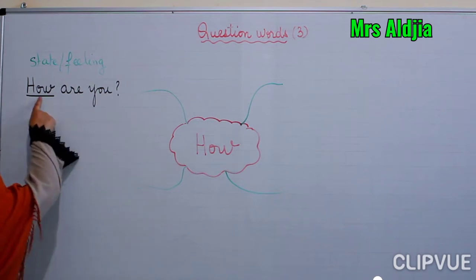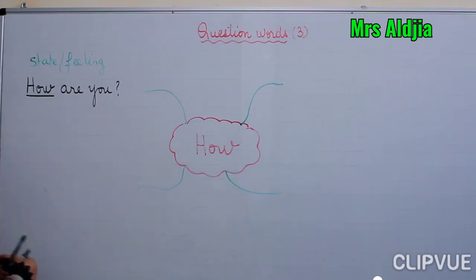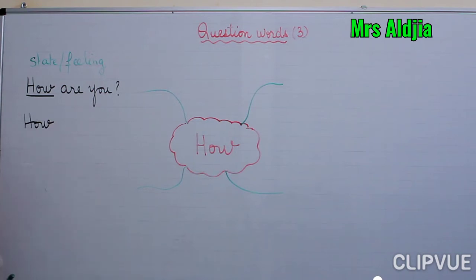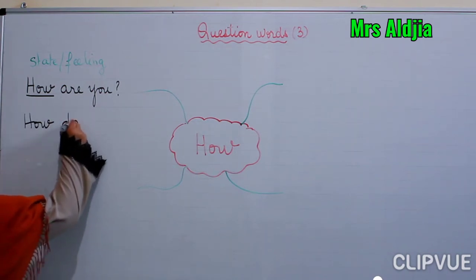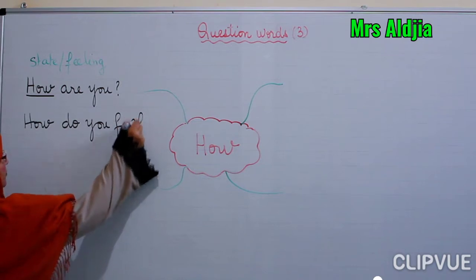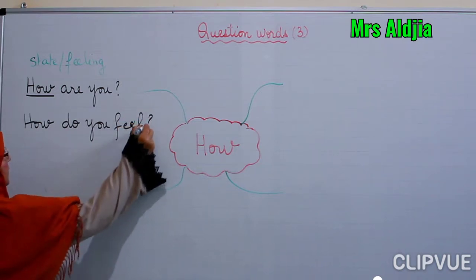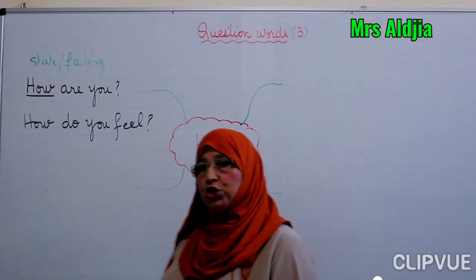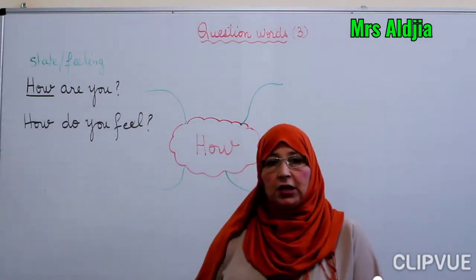How are you? For example, we can say, how do you feel? I feel happy, for example. This is about feelings, about emotions, about a state, and so on.